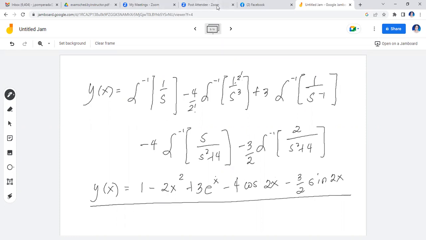Okay, let me check. This last one, negative 3/2. This one, I'll erase first. You don't have the 3/2 there originally. You don't have the 2 here. If you need to have this inverted, and you have a square of an s and a constant here, the numerator should be a constant to make it a sine.